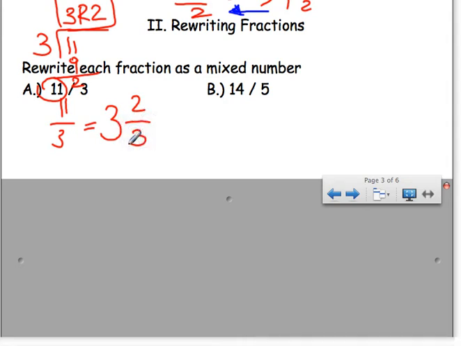So just to retrace my steps, the first thing I did here was divide the numerator by the denominator. Whatever my remainder was, that was the fraction I had left over. Since I was dividing by 3, my fraction was in thirds. Go ahead and stop the video here, and I'd like you to try to turn 14/5 into a mixed number.